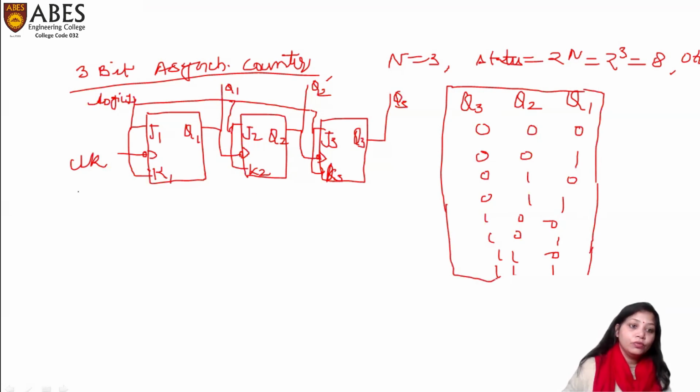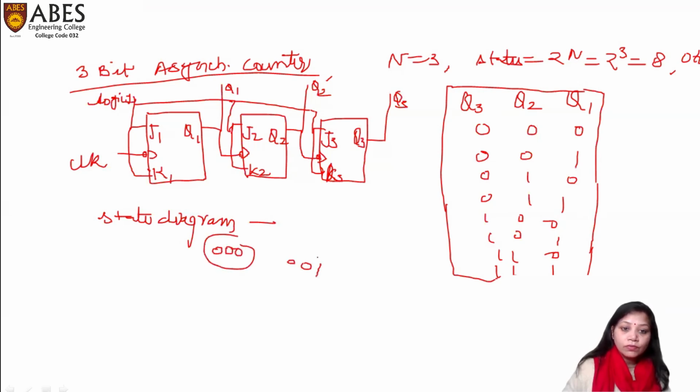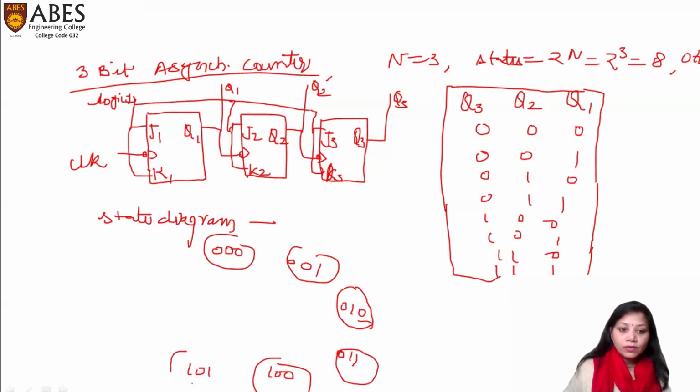If I want to see the state diagram of this 3-bit asynchronous counter, the states are 000, 001, 010, 011, 100, 101, 110, 111.